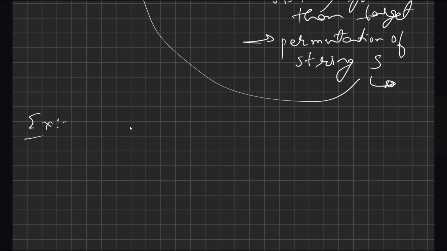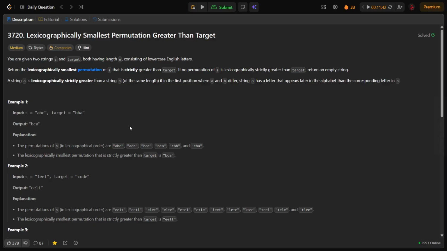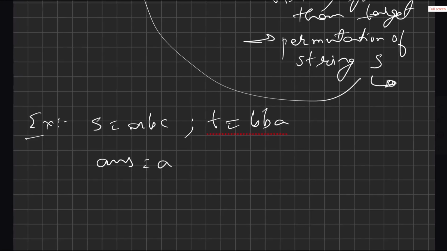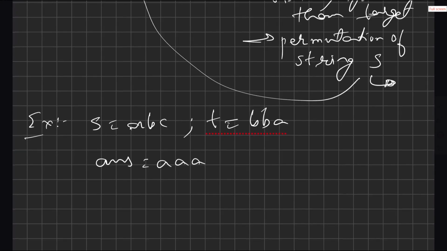We have S as ABC and target as BBA. Now you need to create an answer string. You can create an answer string, let's say AAA. This is not a valid string, I would say.